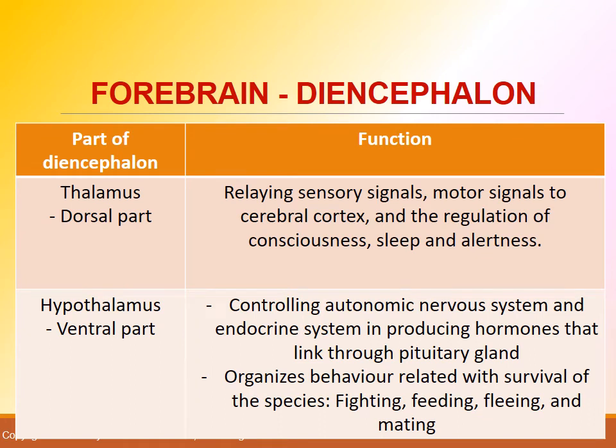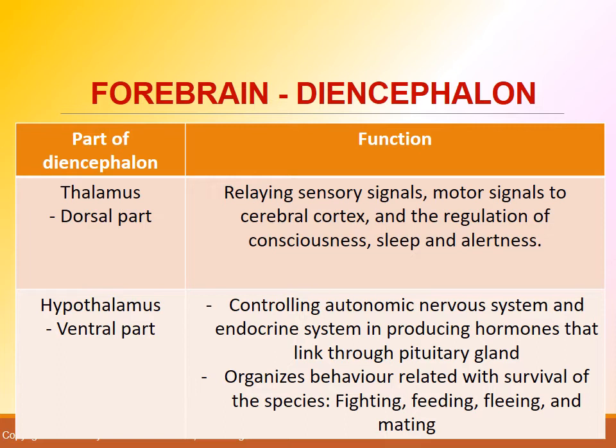The diencephalon is divided into thalamus and hypothalamus, where the thalamus is important in relaying sensory and motor signals to the cerebral cortex, and in regulation of consciousness, sleep, and alertness, whereas the hypothalamus is important in controlling our autonomic nervous system and endocrine system, producing hormones that link through the pituitary gland.